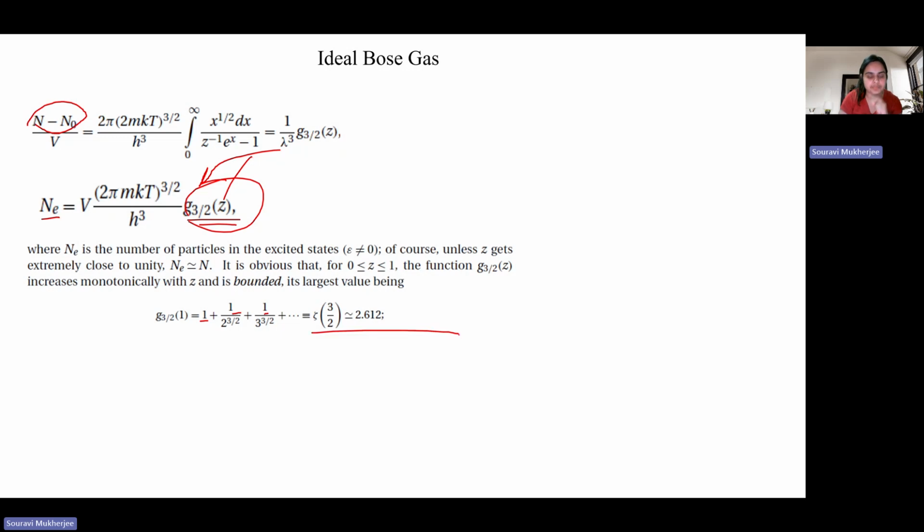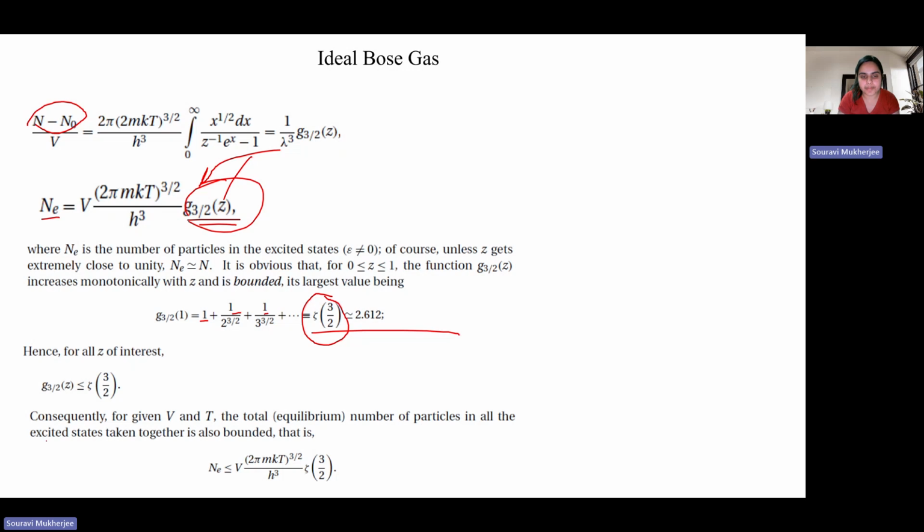So now you get this function, and this sets the maximum value of Ne that one can get. Hence for all z of interest, g 3 by 2 of z should be less than or equal to zeta 3 by 2.